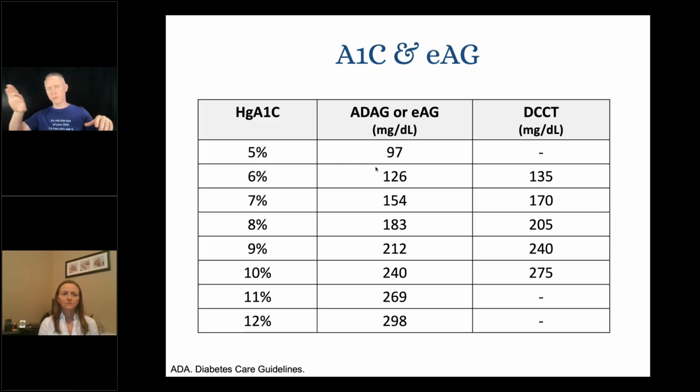The old DCCT trial helped us see a pattern of estimation: when the A1C was this, then the person's average glucose is around this area.